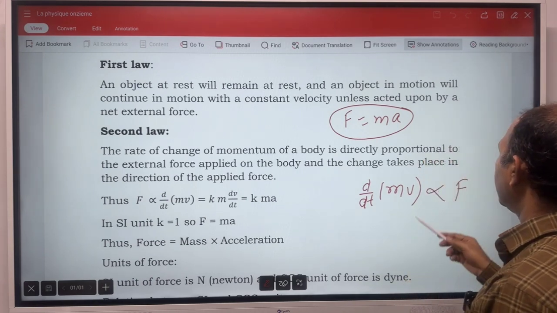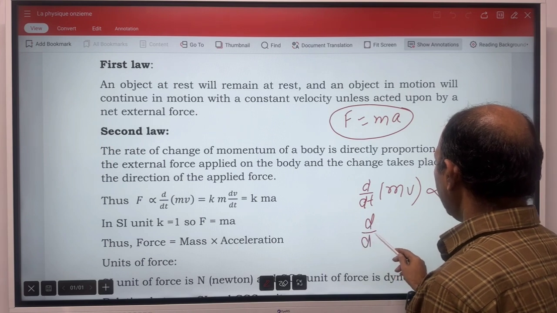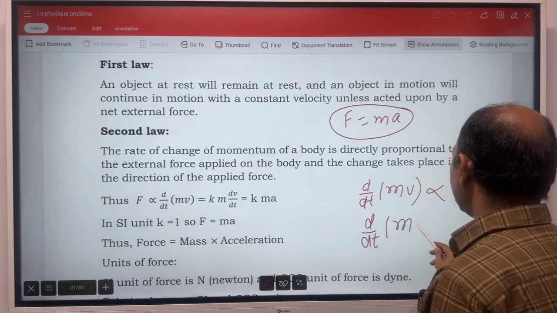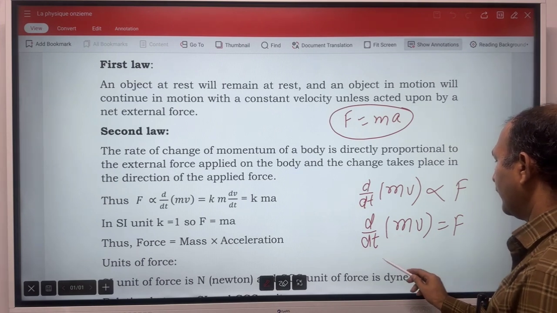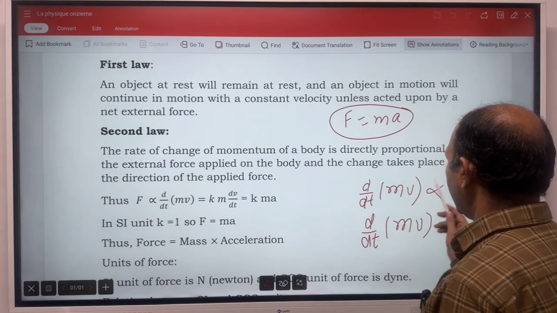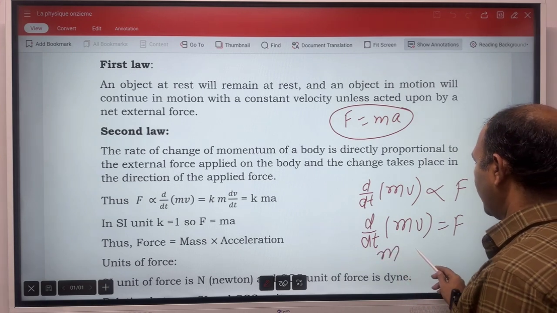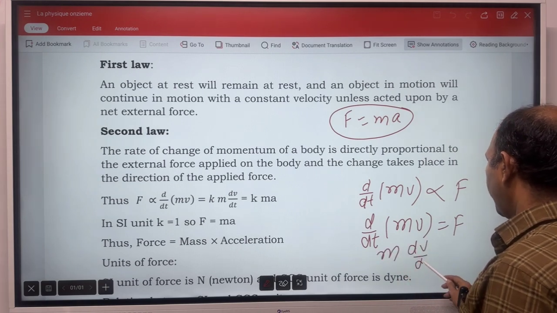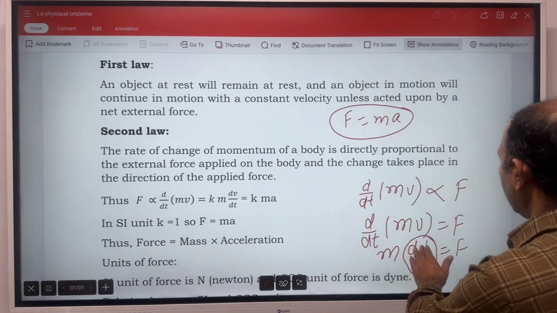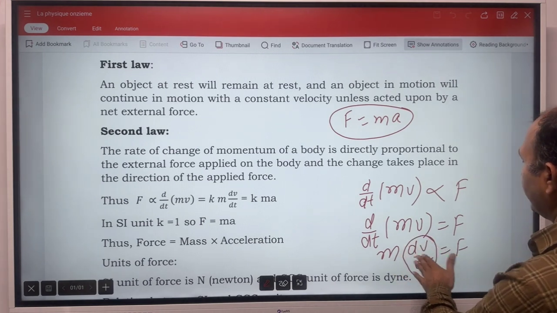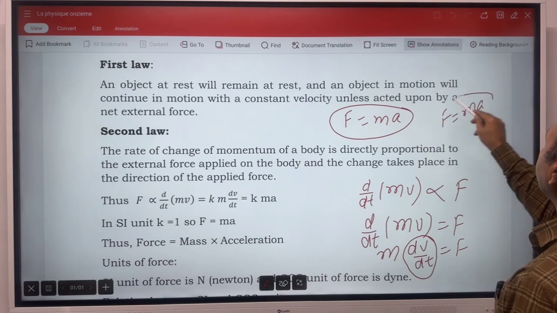If we take the proportionality constant as 1, then d/dt of mv is equal to F. Taking m as constant, although m will also vary in cases when speed is relativistic, which we will study later, we get m dv/dt equals F. But dv/dt means change in velocity with time, that is acceleration. So we can say F equal to ma.